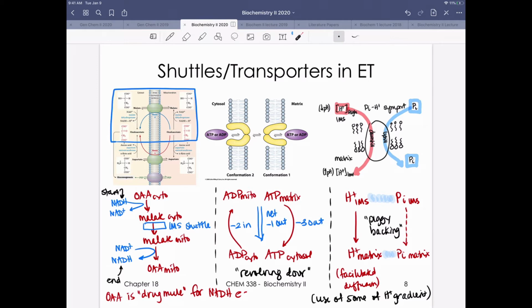So again, we have the protons being returned to the matrix, which is downhill. Inorganic phosphate being moved into the matrix is uphill. We can think about this as facilitated diffusion for the protons, but we're actually doing secondary active transport to move the inorganic phosphate against its concentration gradient.